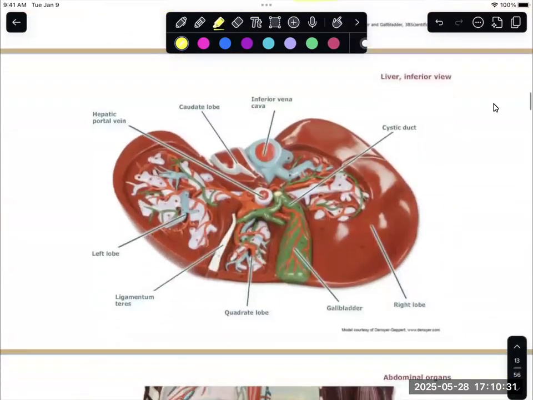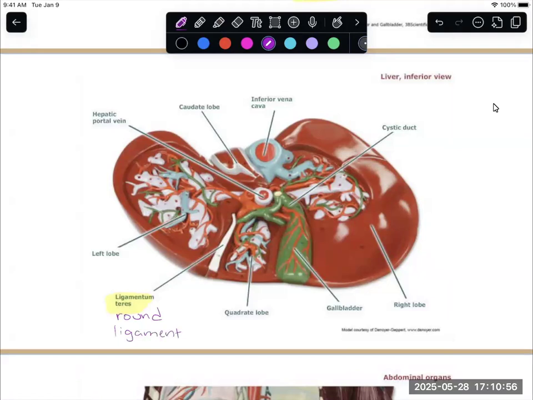Now, if we open up the liver a little bit, now we see that ligamentum teres. That ligamentum teres is also known as that round ligament. I'll tell you, I learned it as ligamentum teres.